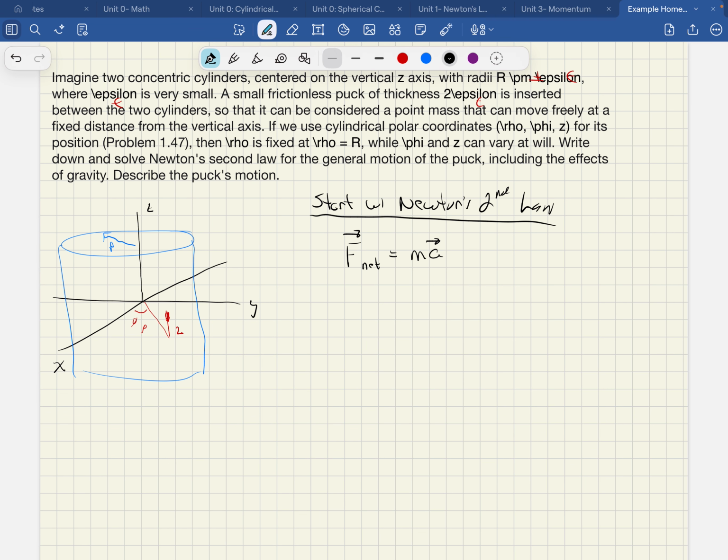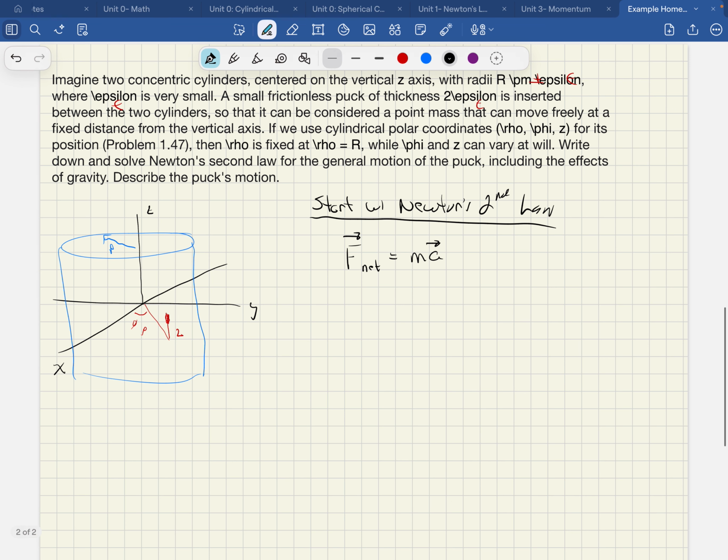Next, it says we want to do this in cylindrical coordinates. So I'm going to write this force as F rho hat plus F phi hat plus F z hat, and that should equal the acceleration.